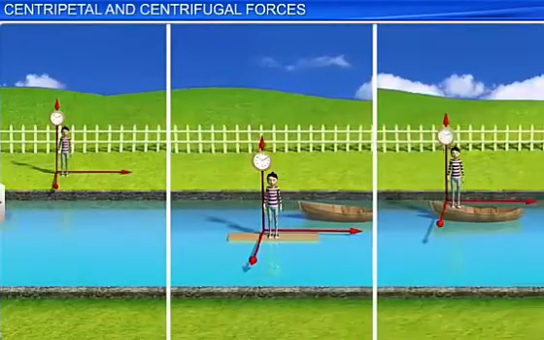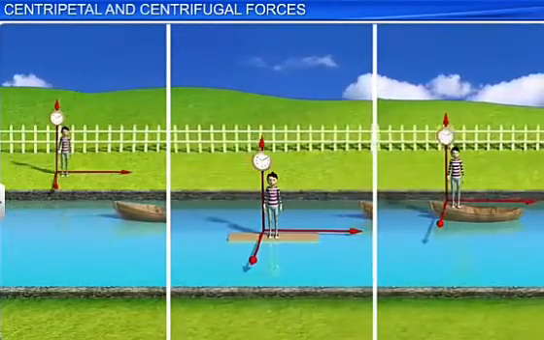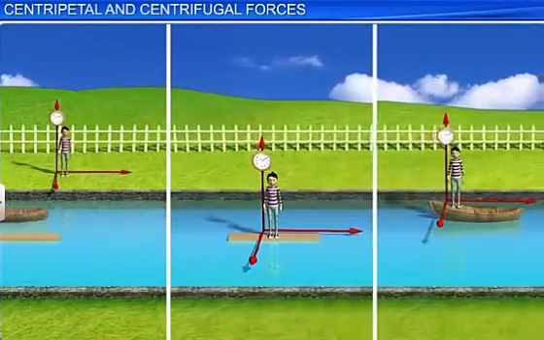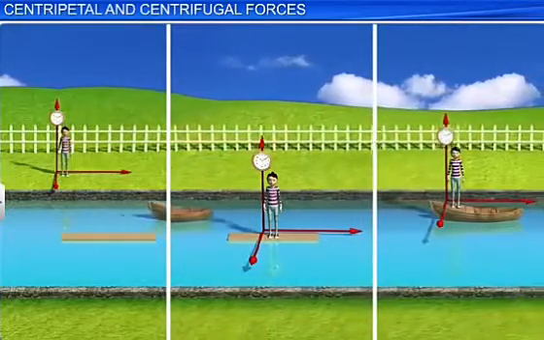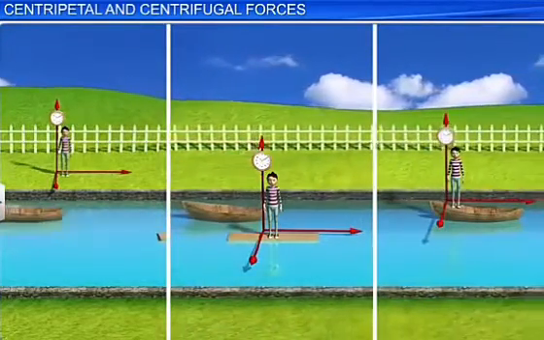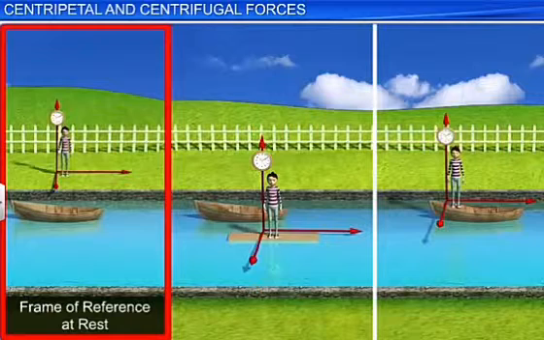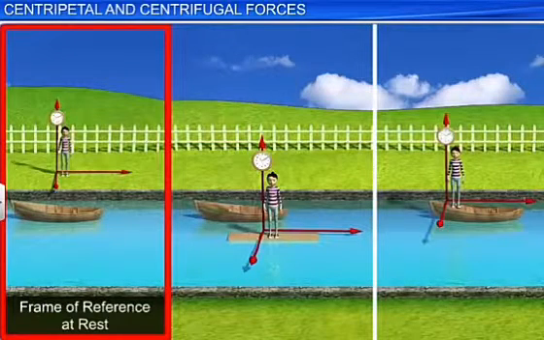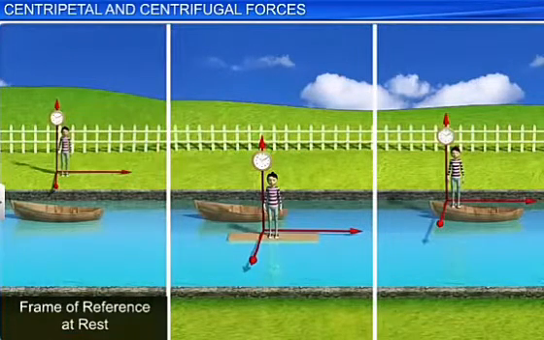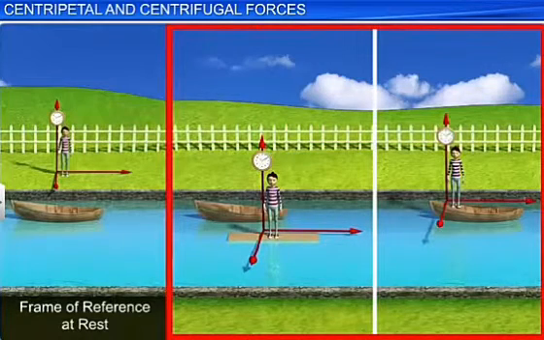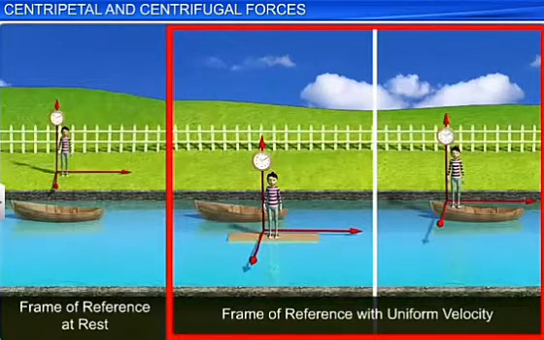The variation in the observations is because of the motion of the frame of reference. In the first case, the observer is in a frame of reference that is at rest. In the subsequent cases, she is in a frame of reference that is moving with uniform velocity.